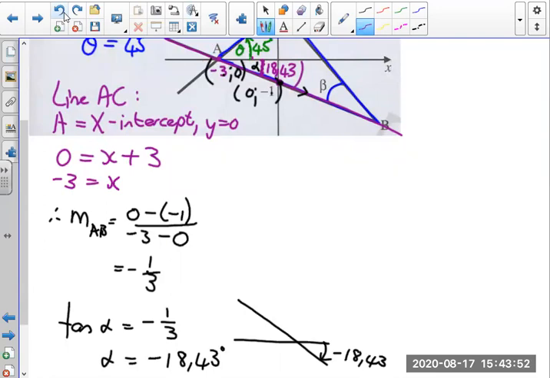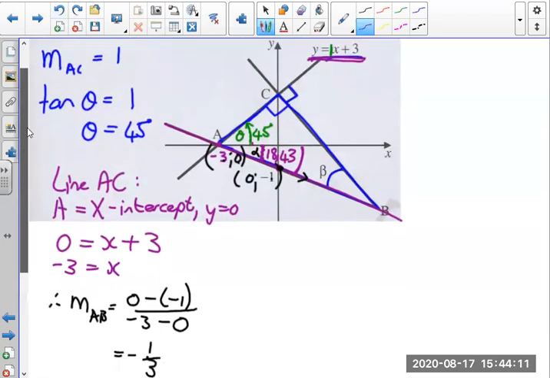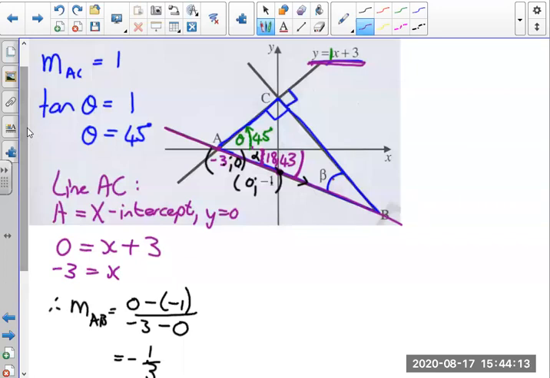Remember, a length is always positive. The size of an angle is always positive. The plus or the minus just gives you the direction. So this angle is 18,43 in size. I know it's the negative direction, but the size is 18,43. Can you see that now you can calculate beta?